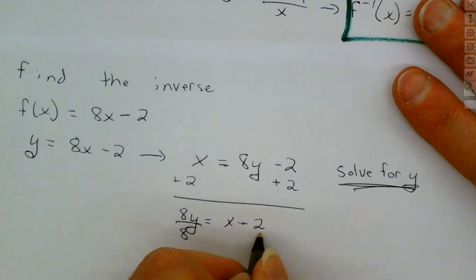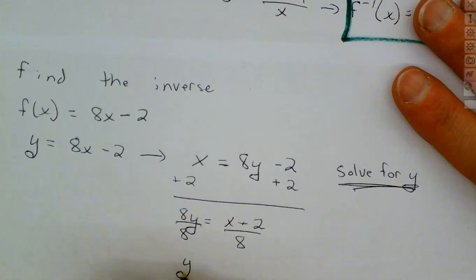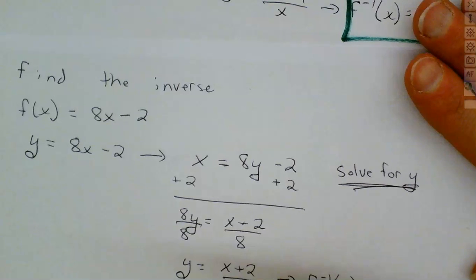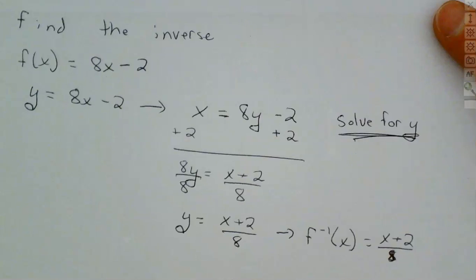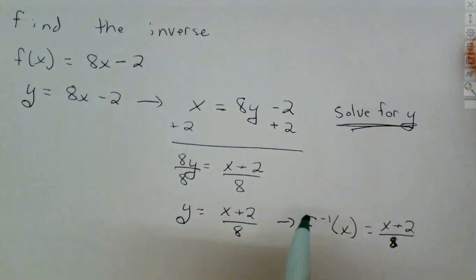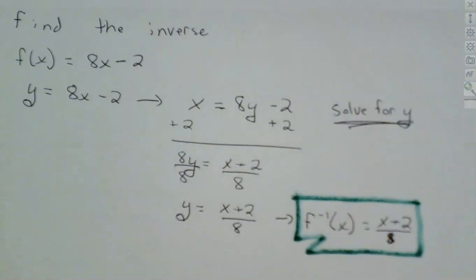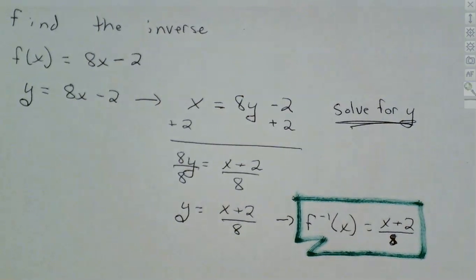Divide by your 8. Now we've got y equals x plus 2 over 8, which is then f inverse of x equals x plus 2 over 8. Is everyone okay with that?